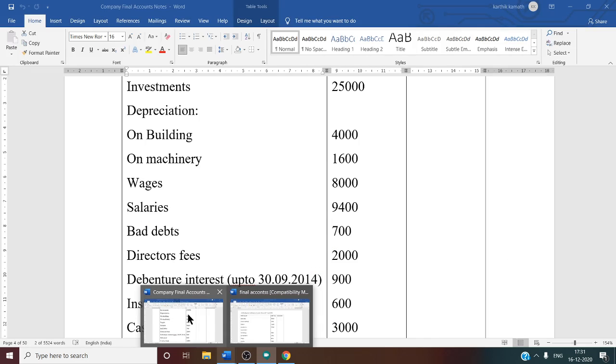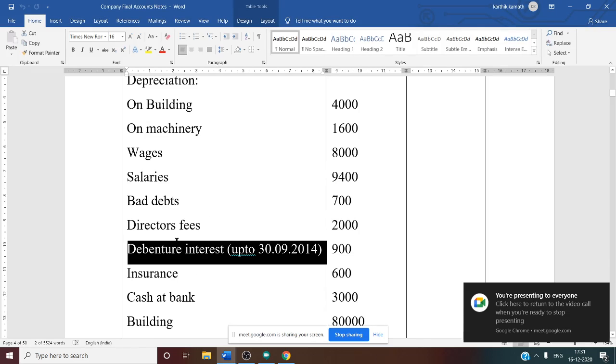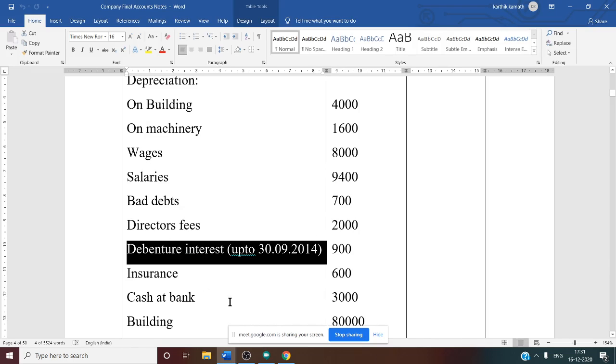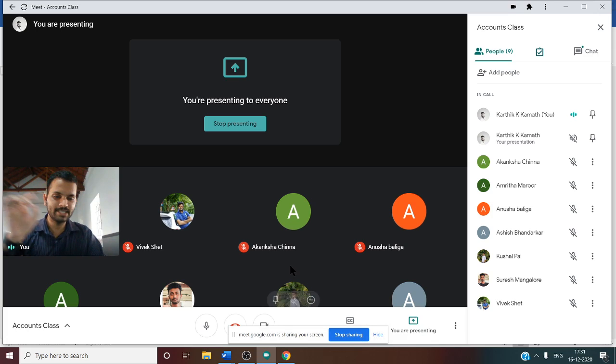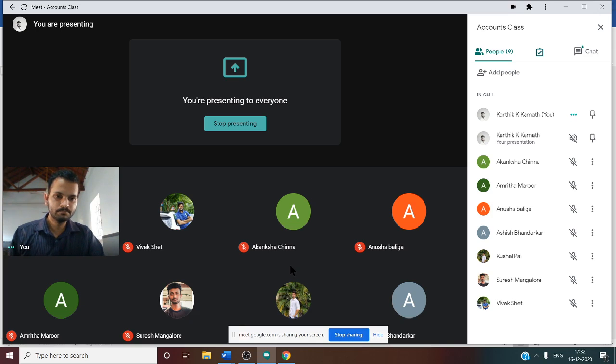Now it is clear. Next, debenture interest, in bracket they have given 39 2014 900. Again it is debit side information. Debenture interest, can you tell me where it will come? I have given you the hint, under P&L it will appear, but under which working note?